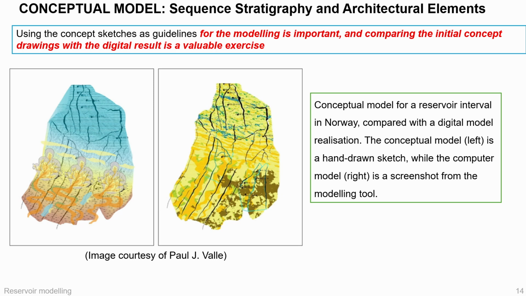For example, if the concept says channel belts should meander and connect in a specific direction, then the digital facies model should reflect that. If the result looks geologically unrealistic, it's often a sign that modeling parameters or assumptions need revision. This comparison practice helps prevent models that are numerically correct but geologically meaningless.